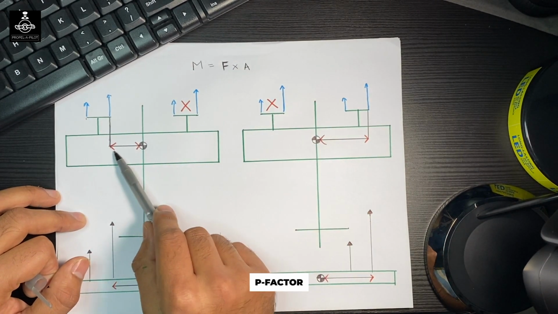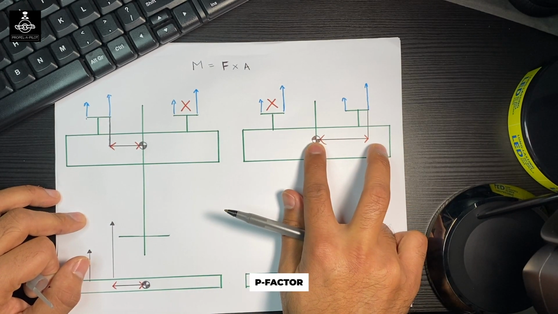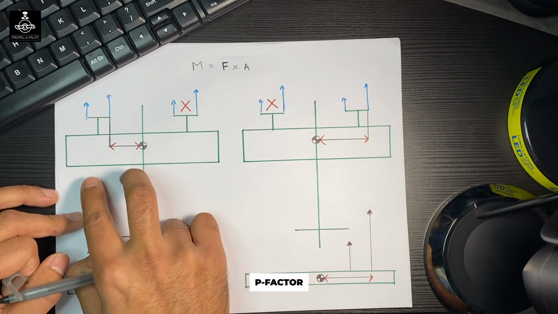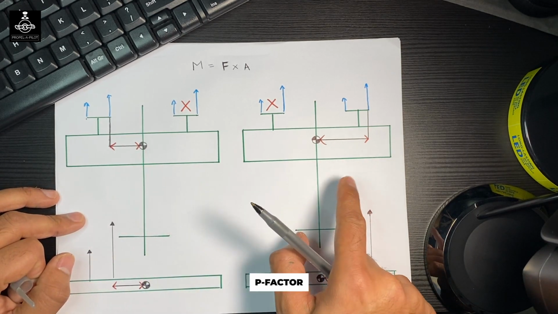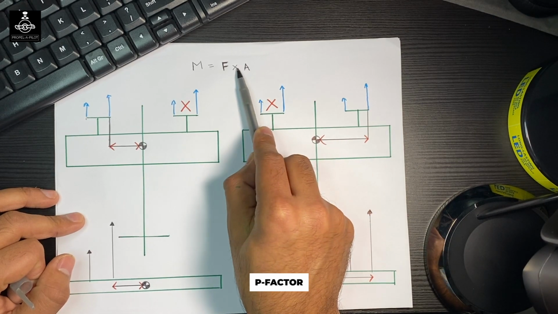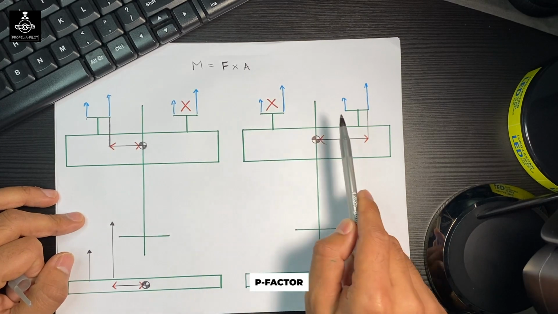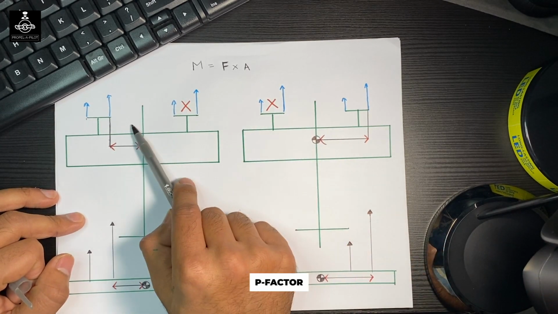But the arm, as you can see, is larger for the right engine as compared to the left engine. So the moment on this side will be more because force times arm is bigger; force is the same, but since arm is more, moment will be more on this side than this side.